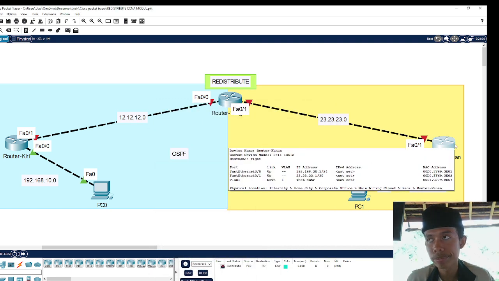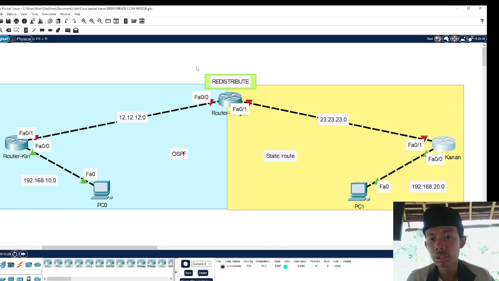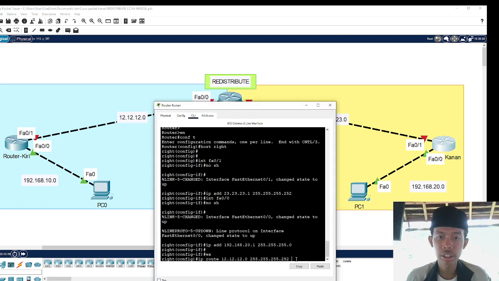A gateway is the next hop to reach the destination network. The right router reaches the 12 network using this path, and this path is the middle router's FA0/1 IP. So the gateway IP is 23.2.